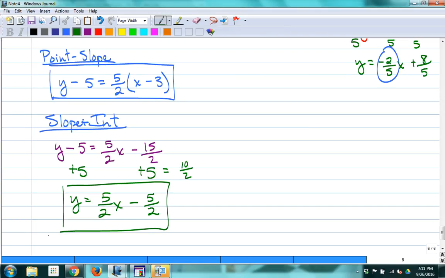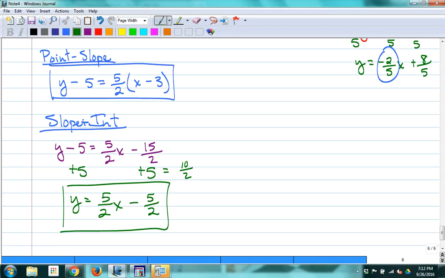All right. Are you with us on point slope? Right here? Okay. So we distributed 5 over 2, and that's where we ended up here. 5 over 2x, and then 5 times negative 3 is the minus 15, and then over 2. And then the last thing we did was we added 5 to get y by itself.